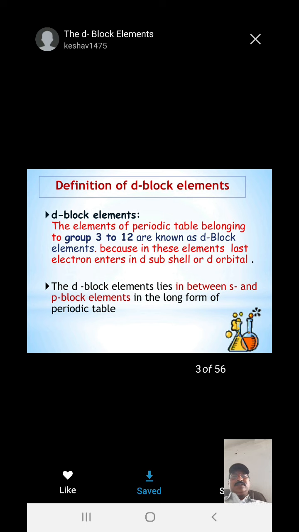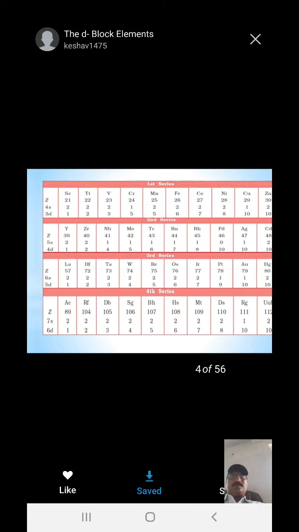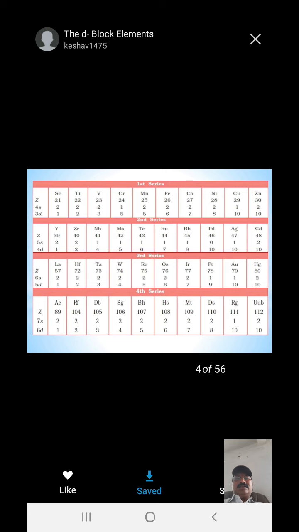The d block elements are placed in between s and p block elements in the long form of the periodic table. These are classified into four series: 3d series, 4d series, 5d series, and 6d series.